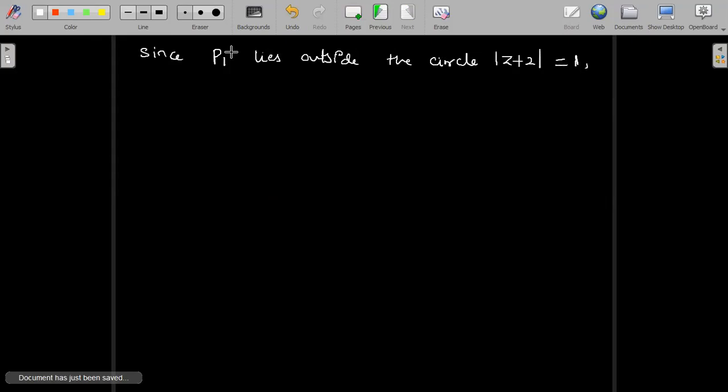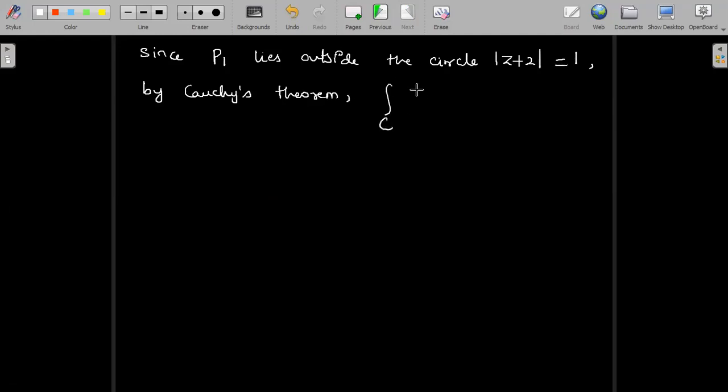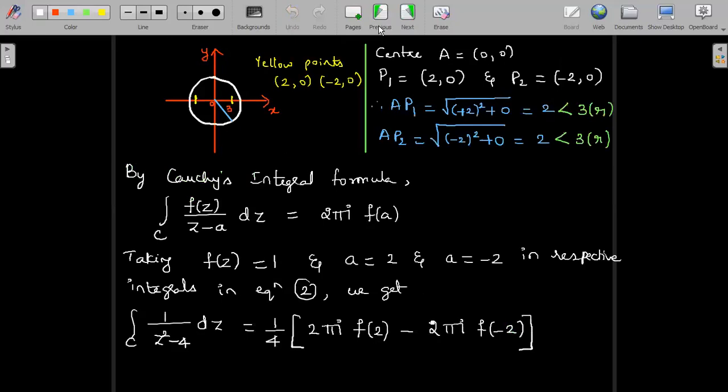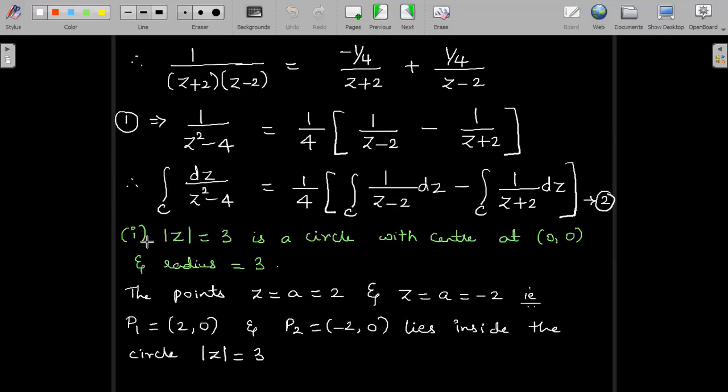Since it is lying outside the circle, by Cauchy's theorem, the first integral, that is the integral over C of dz divided by z minus 2, is equal to 0. We remember we are solving equation 2, in both the cases, after resolving into partial fractions. So the first integral vanishes by Cauchy's theorem because the point P1 lies outside the given circle.